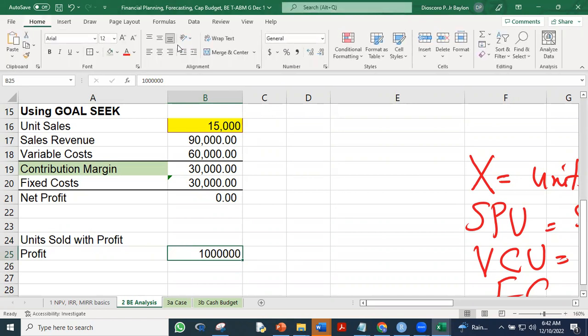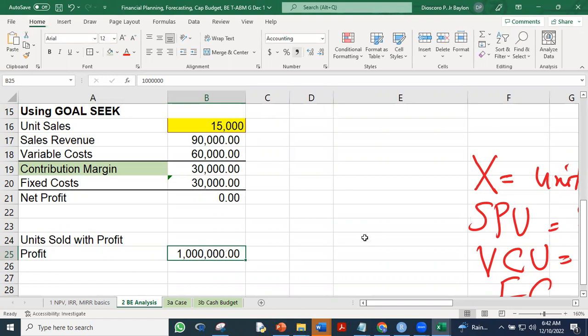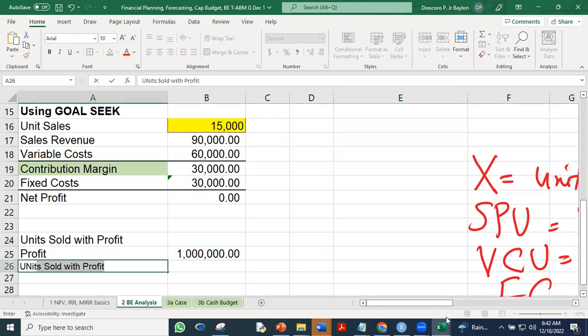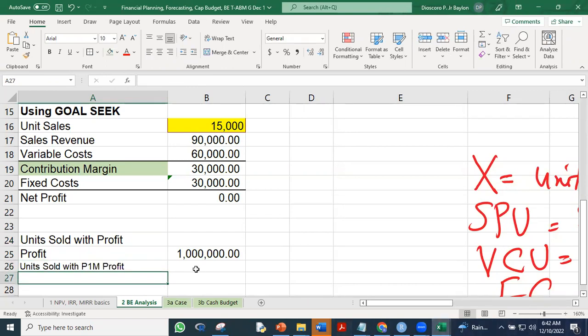The question is, how many units should we be selling? So how many units do we need to sell in order to have a profit of 1 million? That's easy. You can just follow the formula.